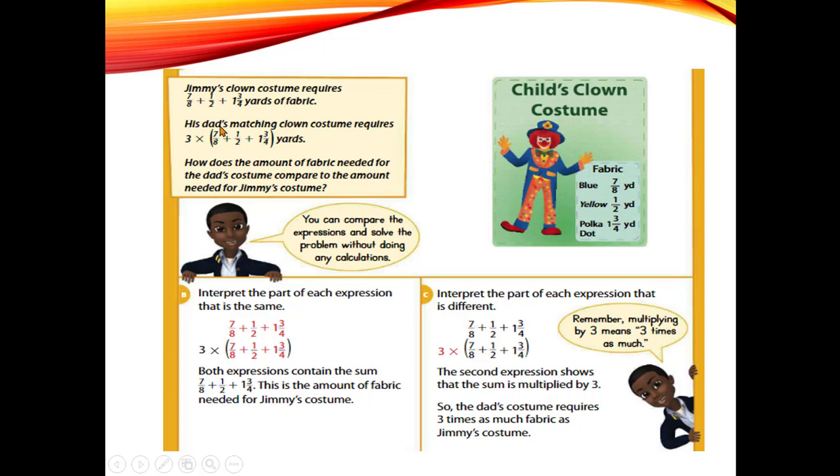The dad one is triple Jimmy's one. Okay, so at the end, the dad's costume requires 3 times as much fabric as Jimmy's costume. Now we have compared these two expressions, and we have seen the relation that the second expression is just 3 times the first one.